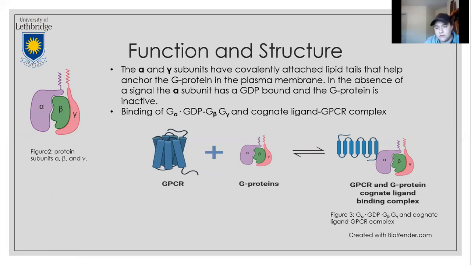Additionally, the alpha subunit bound with GDP and the beta gamma subunits is going to be associated with the cognate ligand G protein coupled receptor complex, which altogether are going to move along the signaling pathway, as we'll see later on in this video.